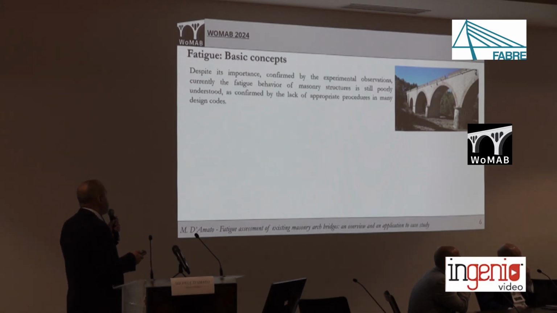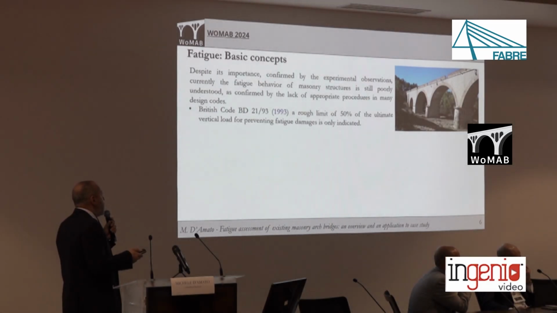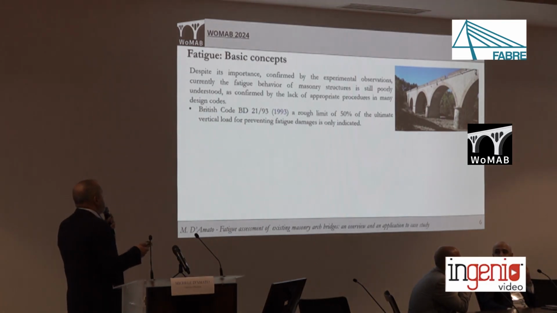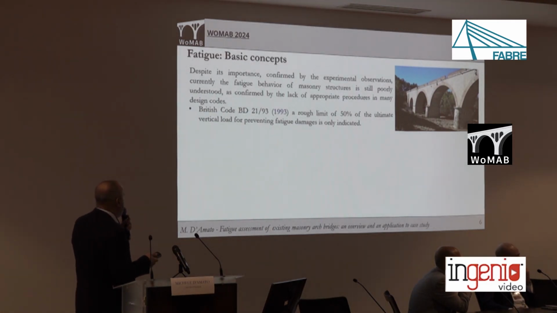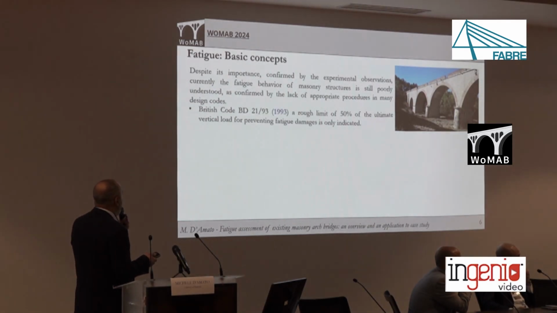Despite its importance, confirmed by some experimental results that I will show you later, currently the fatigue behavior of masonry structures is still poorly understood, as confirmed by the lack of appropriate procedures in many design codes. For instance, British codes report a rough limit for preventing fatigue failure, imposing that the maximum load applied should be less than 50% of the ultimate vertical load.